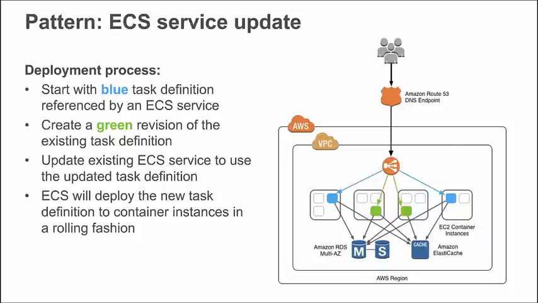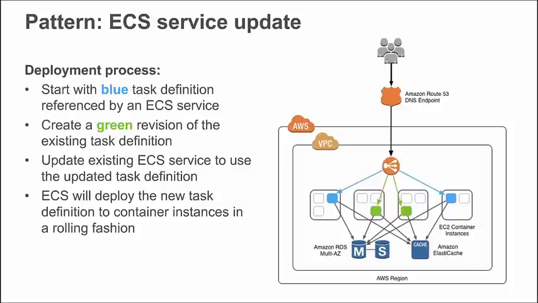Sometimes that's not desired because you do not want to use additional capacity in your cluster. The service scheduler is flexible, and you can tweak the minimum healthy percent to specify a lower limit on the number of running tasks during the deployment. Or you can also specify the maximum percent to represent an upper limit on the number of running tasks during the deployment to enable you to define the batch size in the deployment.